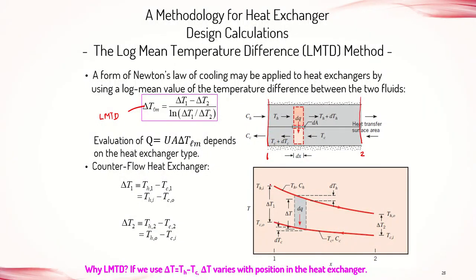If we plot a graph of T versus location in the heat exchanger, we get something like this. This is 1 and 2, and this is T. First we look at the hot side.